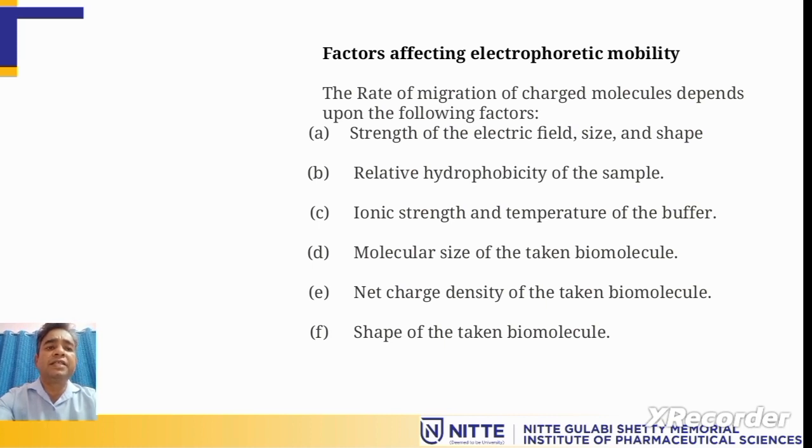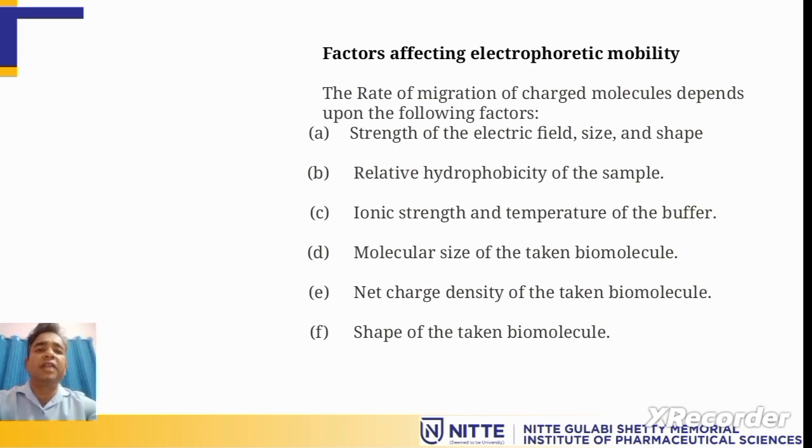Size and shape: the smaller the size, the more the migration, and a shape like oval travels faster. Then the relative hydrophobicity of a molecule, the tendency to form ionization around it, the ionic strength and temperature of the buffer, molecular size, net charge density, and shape of the biomolecule. These are the factors which affect the electrophoretic mobility and the migration of ions.